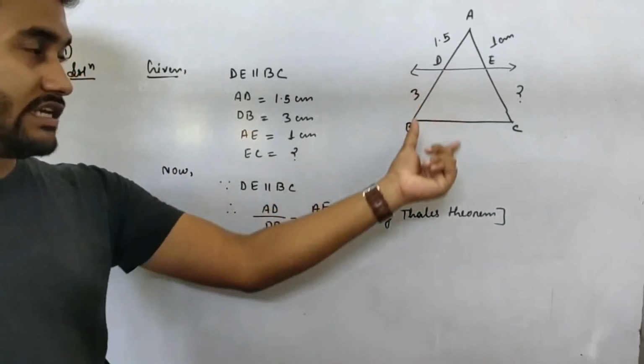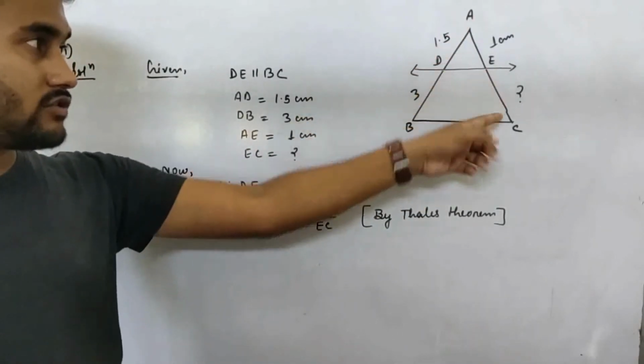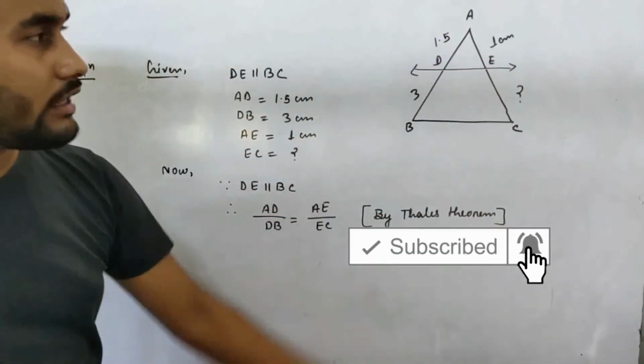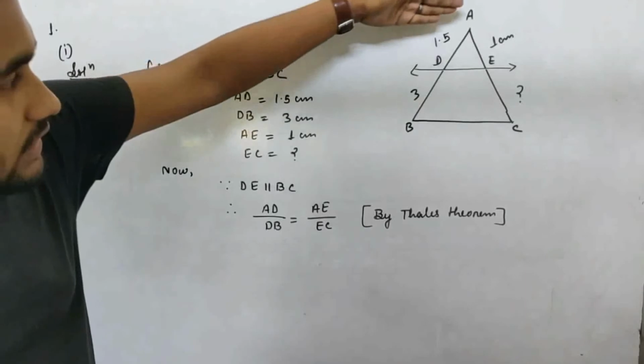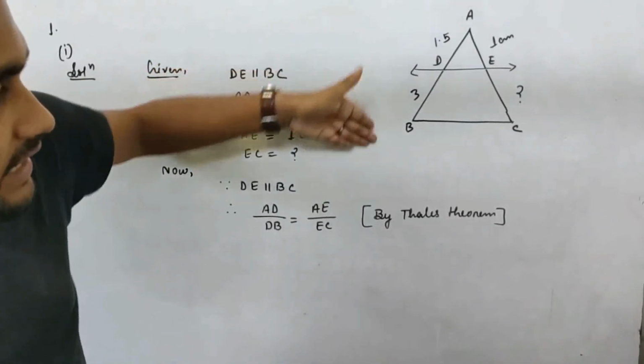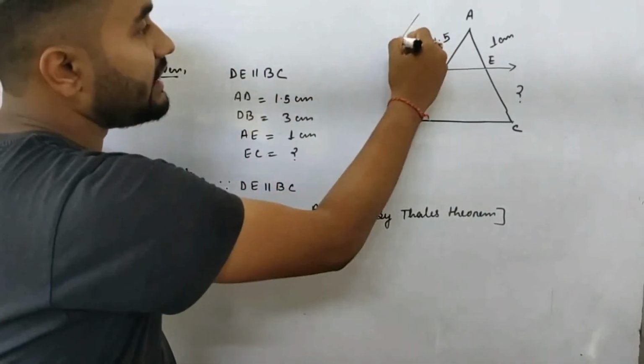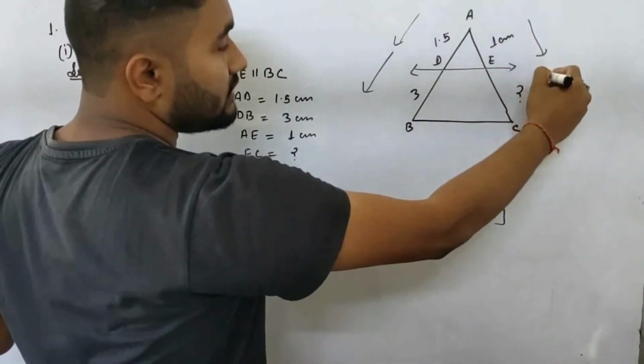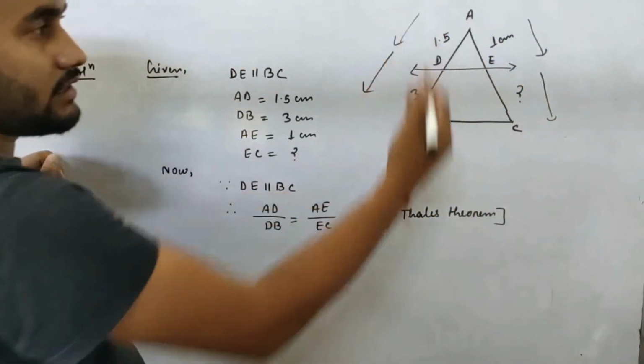So in this triangle, DE is parallel to BC, so the other two sides will be proportional. That is AD by DB will be equal to AE by EC. You can write like this also. If I start from AD by DB, then you have to come like this only, AE by EC. You cannot go like that.